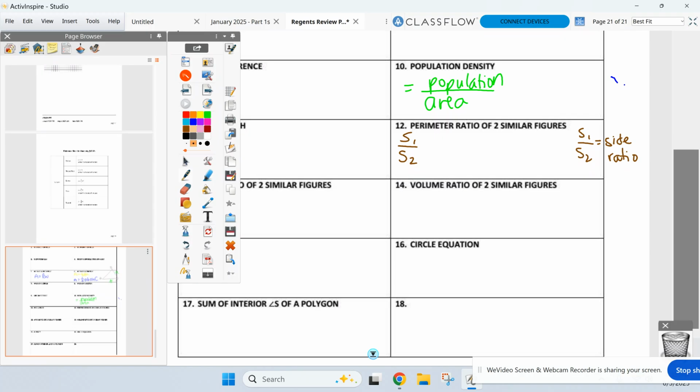So if you have two similar figures, what's the ratio of their sides? That's S1 over S2. Once you have that, you now have the ratio of their perimeters. Whatever ratio the sides are in, it's the same ratio as their perimeters.